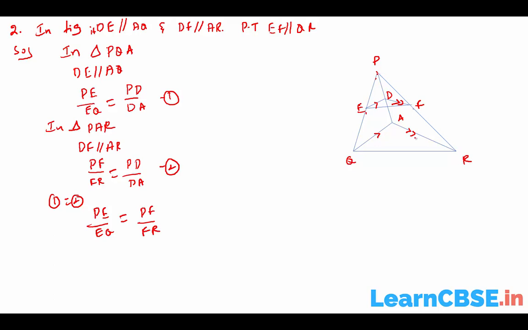In triangle PQR, EF is parallel to QR, that's what we have to prove, by converse BPT, because in triangle PQR, the sides are in proportion. That means these two lines should be parallel by the converse BPT theorem.